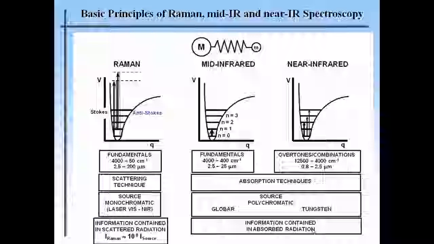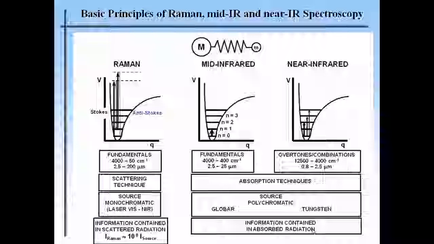Because the probability to jump over 2, 3, or more energy levels goes down. It's the law of Boltzmann.